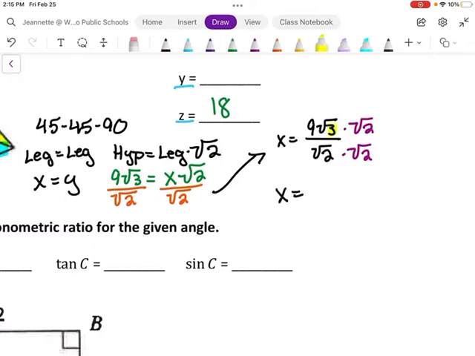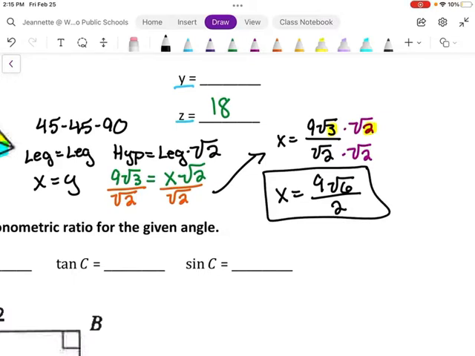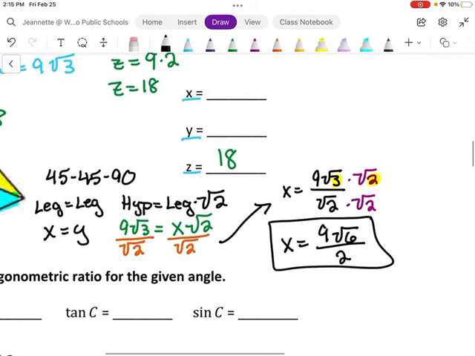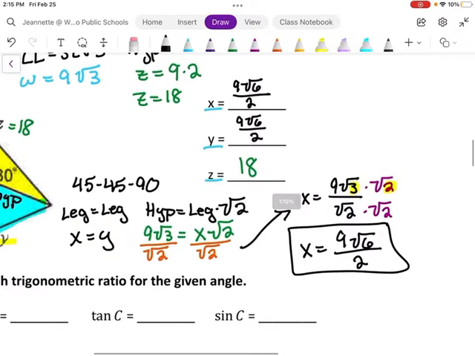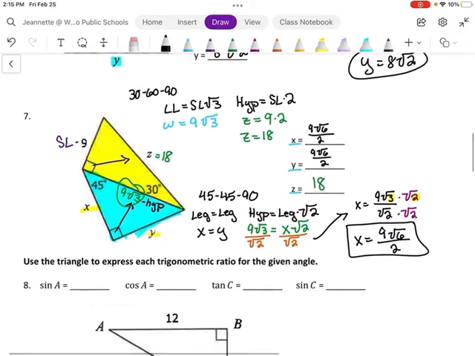And by doing this, because both of these numbers are under the square root sign, we're just going to multiply those together, which means the 9 stays the same in the front, and that'll become 9 square roots of 6 all over 2. And that is our x value, which we already know is going to be the same as our y value. And there are our answers.